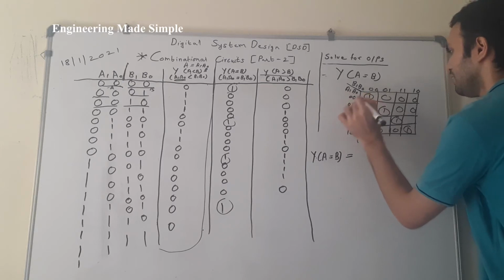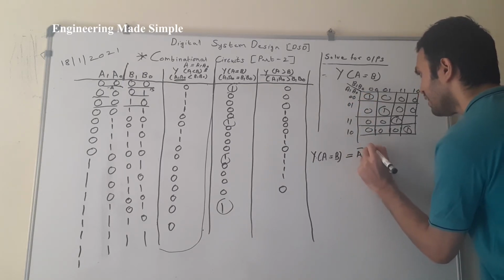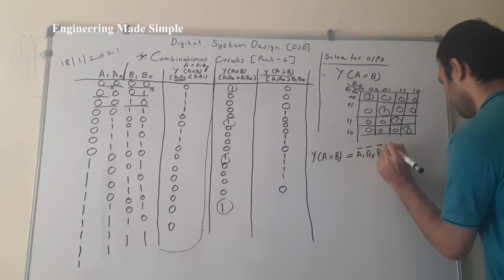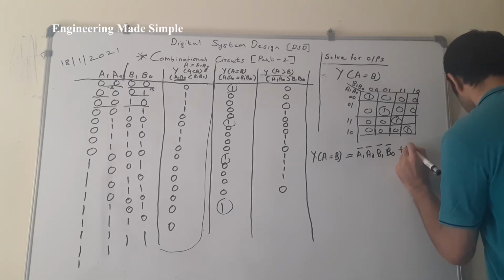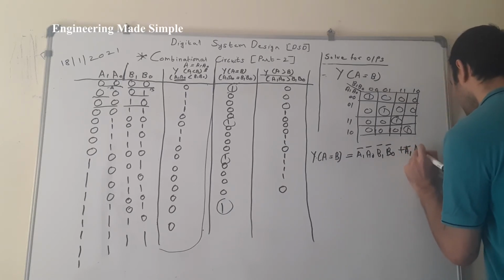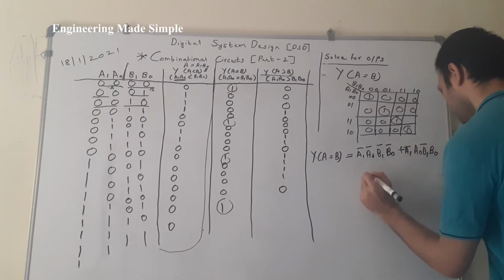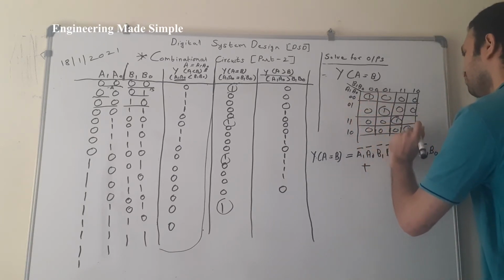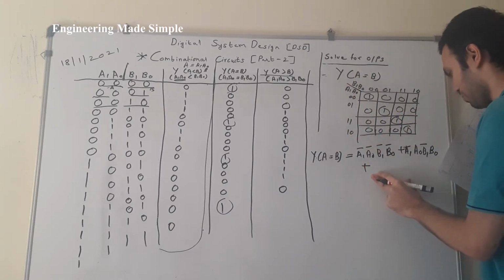This one is encircled, so this will give you A1 bar A0 bar B1 bar B0 bar, plus A1 bar A0 B1 bar B0, plus... 4 terms will be there because there are only 4 encircled ones and they don't form any group.